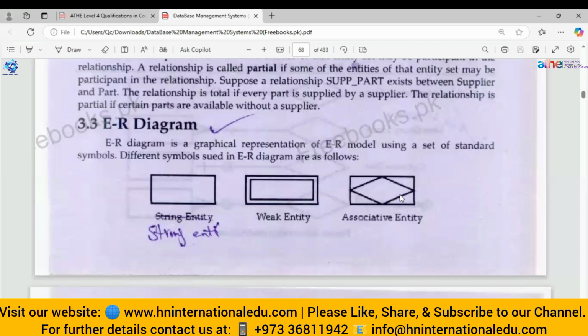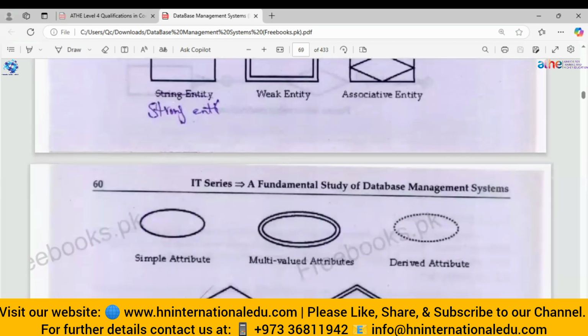So an award can associate a researcher and scholar together. That is called the associative entity. It is not mostly used, but the strong and weak entity is. So this is the first step of the ER diagram: what are entities and what is the symbol used for entities. After that we have attributes.